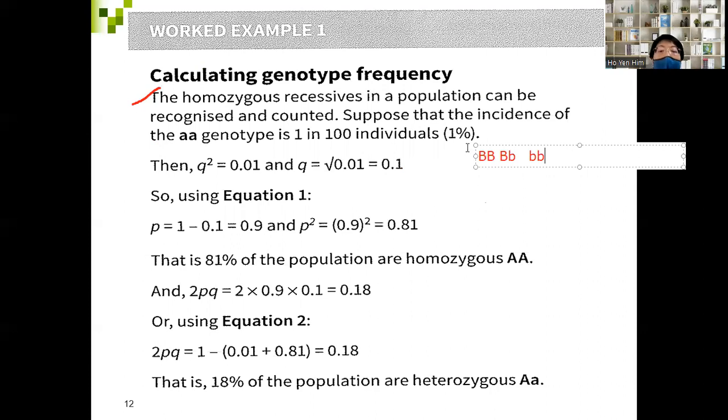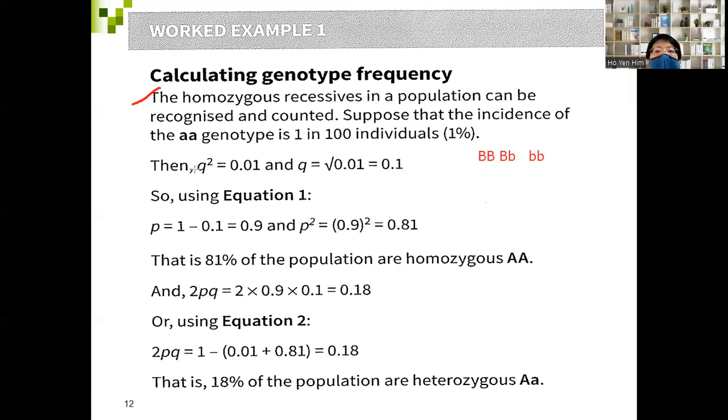Then I know, in the whole population, I find that the incidence of small a is only 1 in 100 individuals. Like in your whole class, only 1 student has blue eye. So what is the percentage of blue eye students? 1 out of 100, so it's 1%. 1% is 0.01, correct?